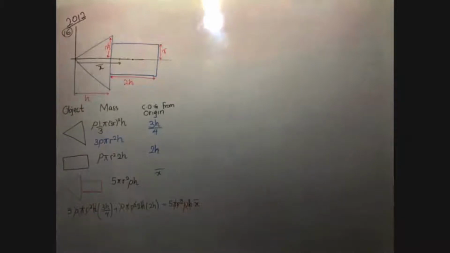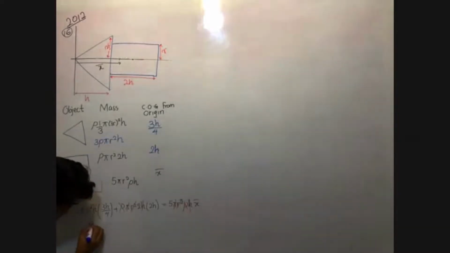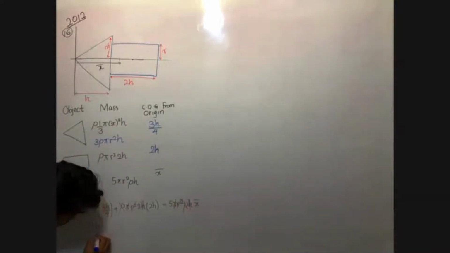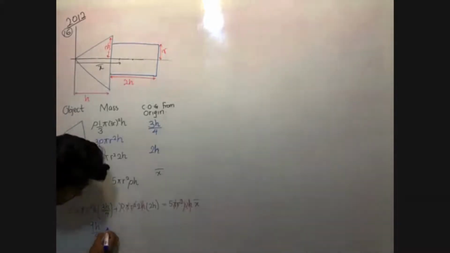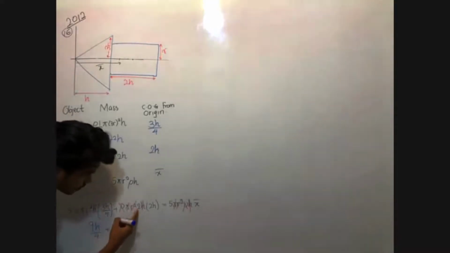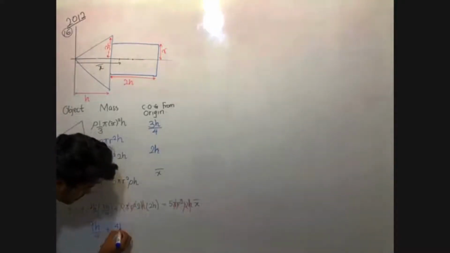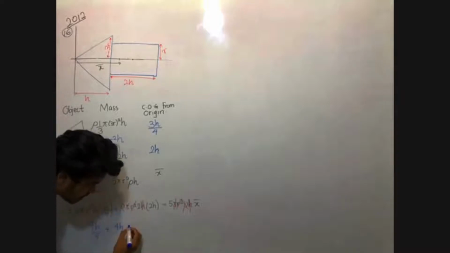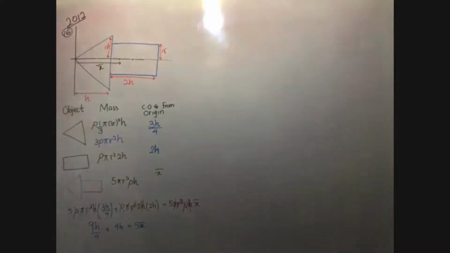What remains is 3 into 3, 9, 9h over 4, plus 2 into 2, 4h, divided by 5 x bar.